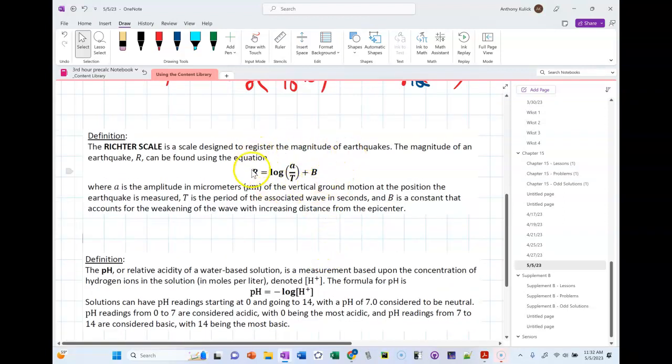In here, these could potentially all be different. A is the up and down, that should be different. T is the period, like how fast up and down it's moving, that can be different. B is a correction factor associated with how far you are from the epicenter, that could be different. So all of those things could be variables in this sense.